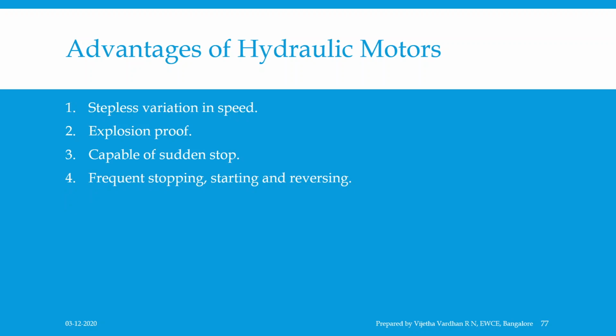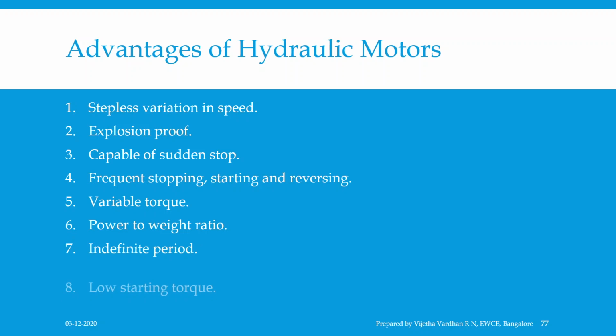Then frequent stopping, starting and reversing can be achieved using a single 4-port 3-position, that is 4 by 3, directional control valve. It is also suitable for drives in machine tools wherein controlled variable torque is desired, as in the case of paper winding, and also has a very low power to weight ratio, and can be installed for an indefinite period without damage, and has very low starting torque.